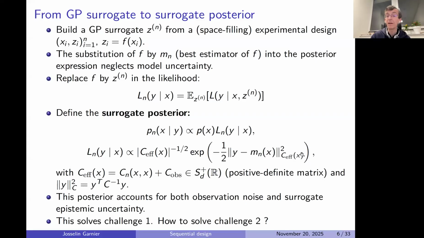So now this depends on x. So here you have a posterior that accounts for both observation noise, C obs, and the surrogate epistemic uncertainty, which is Cn. So this solves challenge one. You have a nice expression of the surrogate posterior given an initial data set taken arbitrarily.